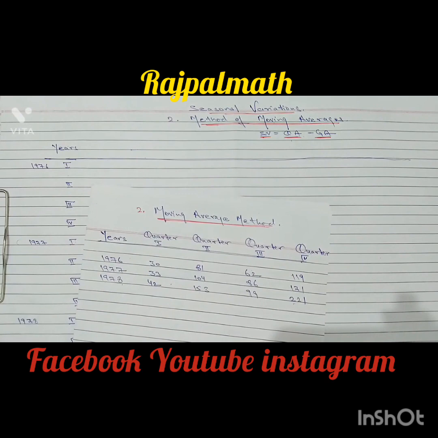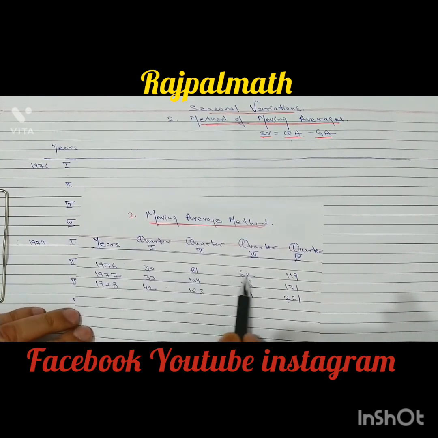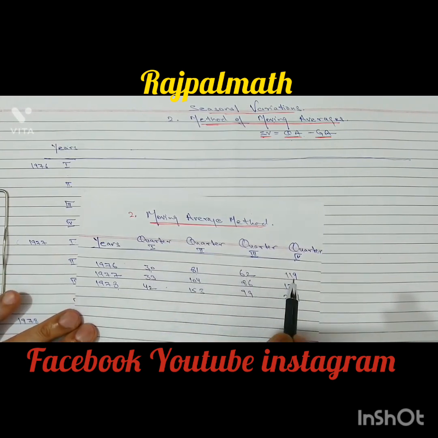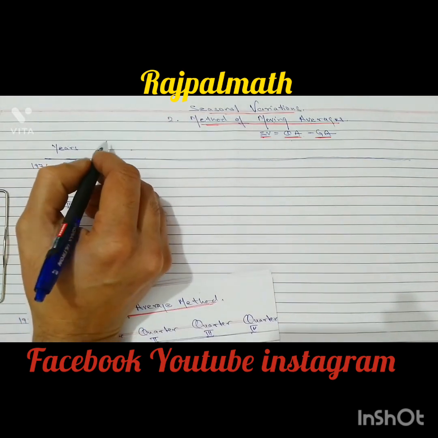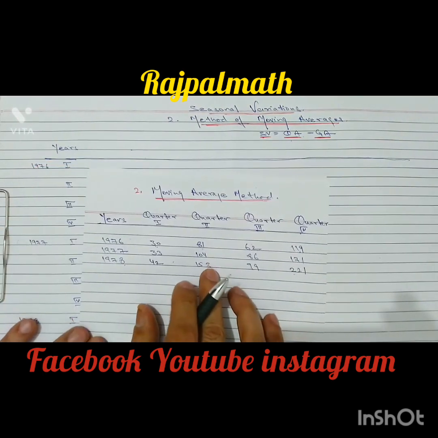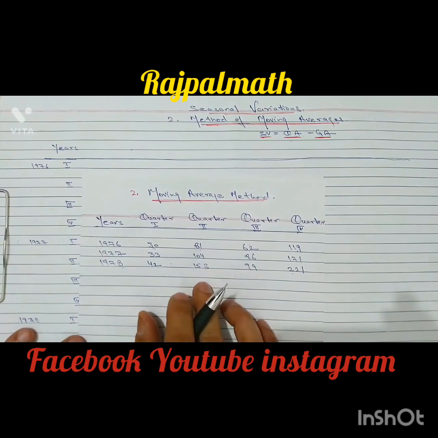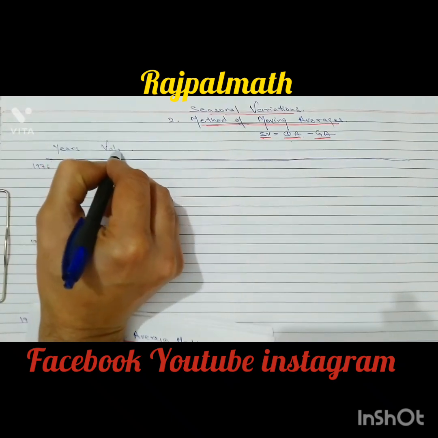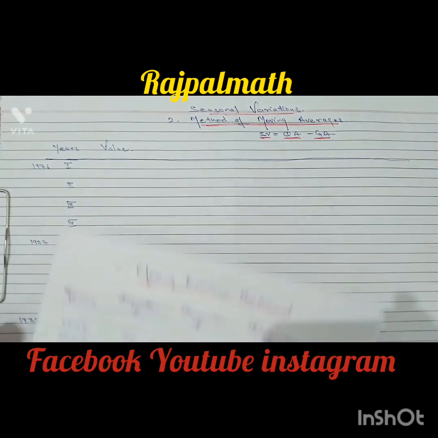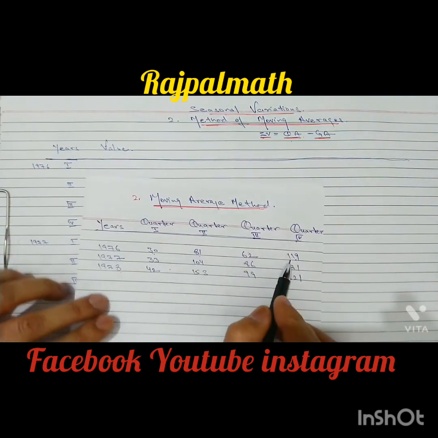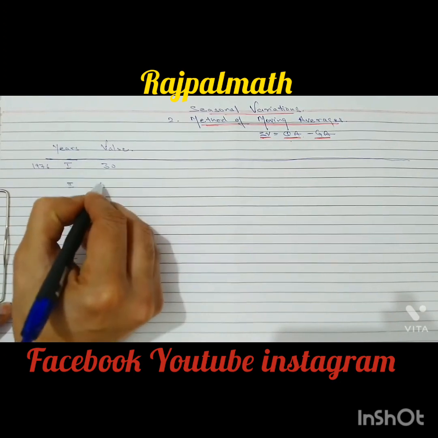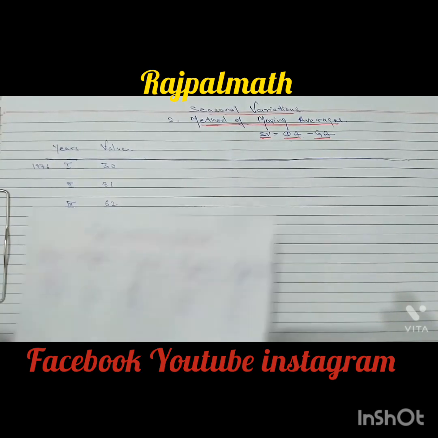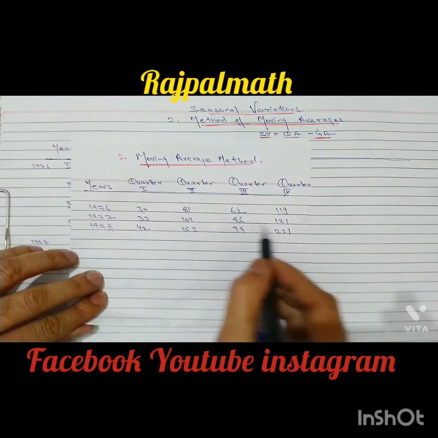For the first quarter, the data is 30, 81, 62, 119. This is our observational value O. For the next quarter, the values are 33, 104, 86, 171.